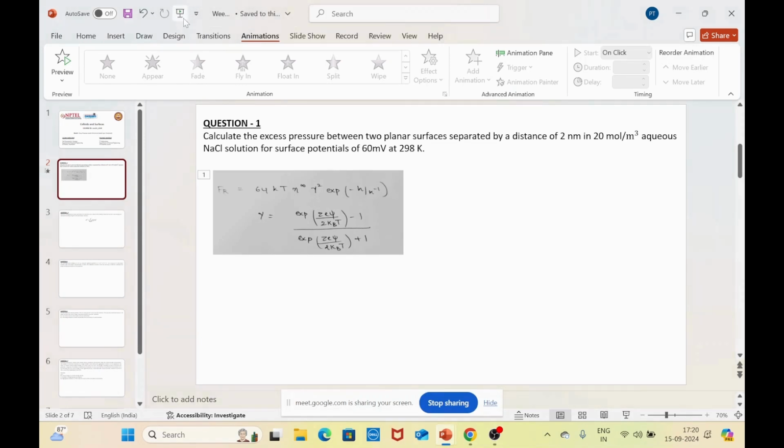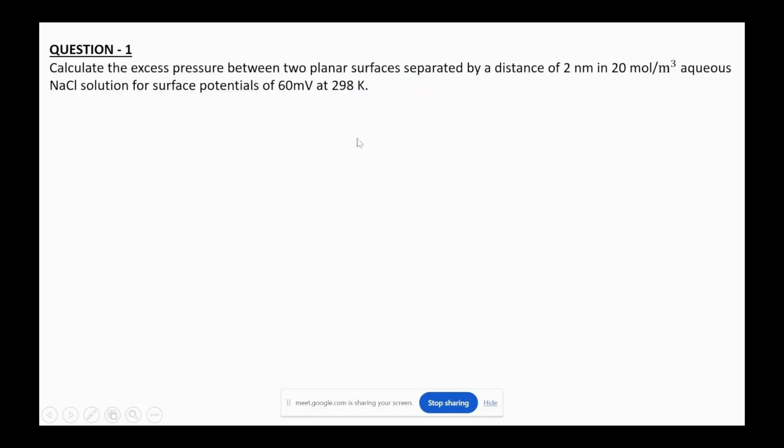I've given the equation again. This is the same as the concept of two planar surfaces interacting with each other. Just give it a try. Let me wait for a couple of minutes before we solve the problem. Please try solving it by yourself, and if you get stuck somewhere, please let me know.